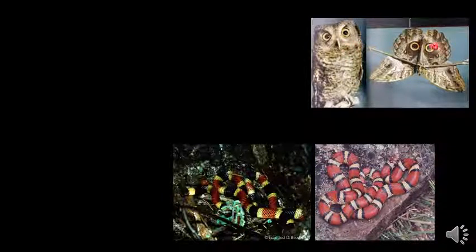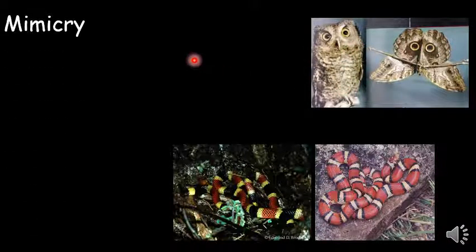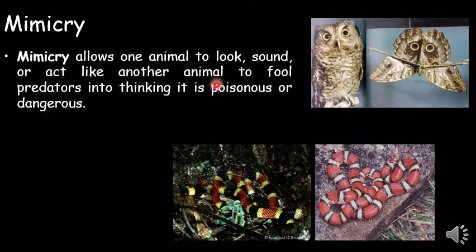So this kind of adaptation is called mimicry, or in simple terms, mimicking. It will just imitate a predator animal like the owl so that it can avoid being eaten. Likewise, this snake is highly poisonous.